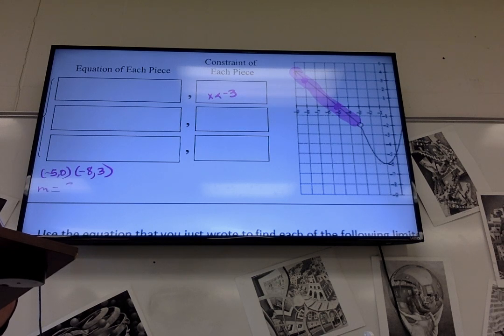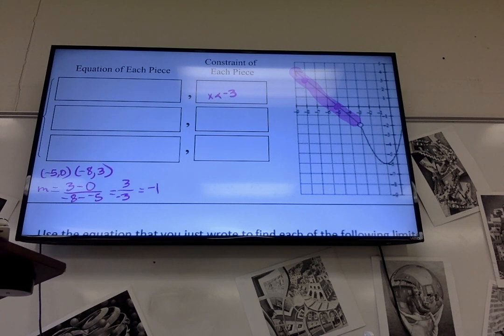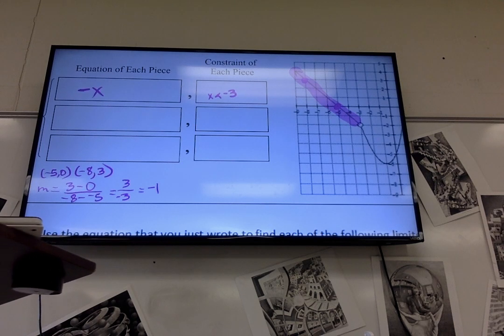So the slope would be y2 minus y1 over x2 minus x1. You got negative 1. There's your slope. That's negative 1x. Now I just got to find the y-intercept.